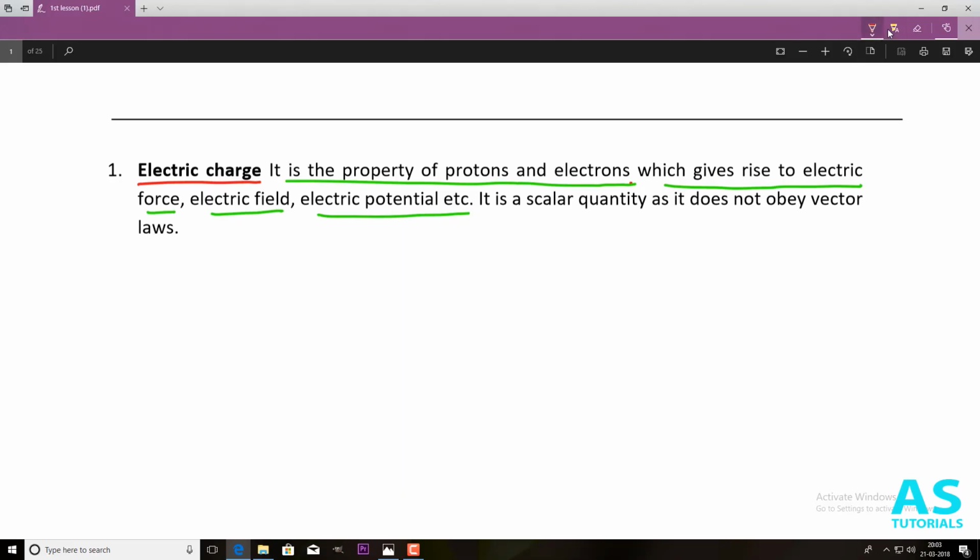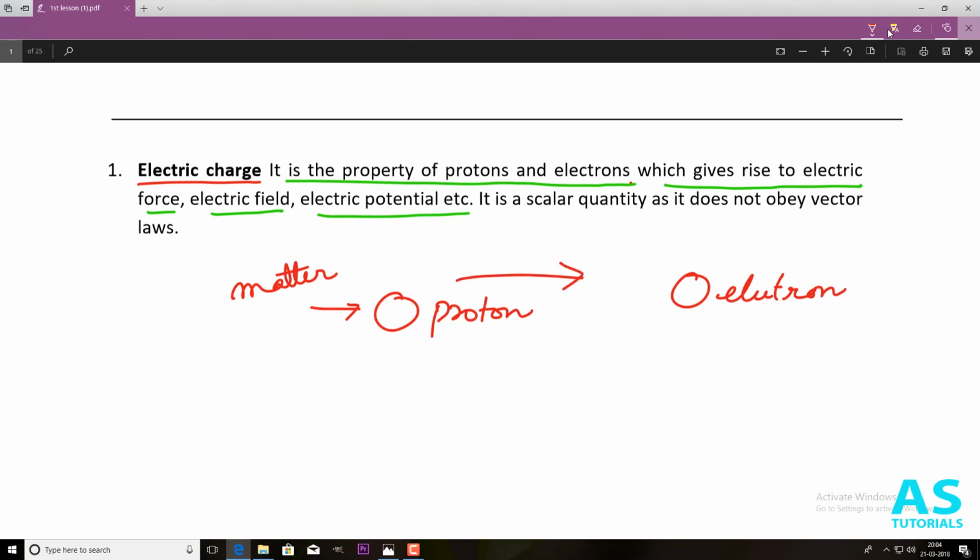For example, say this is the proton and this one is the electron. This proton and the electron are matter, and this matter possesses a property, and because of that property they are able to attract each other or repel each other.